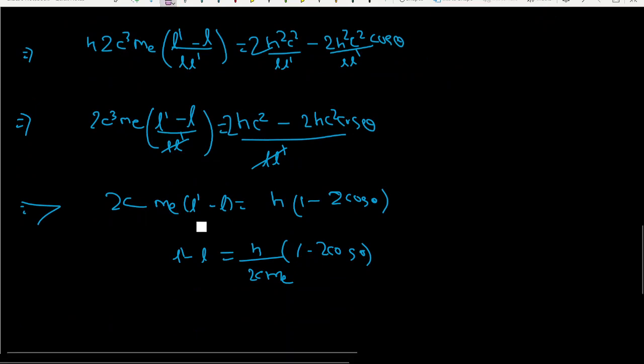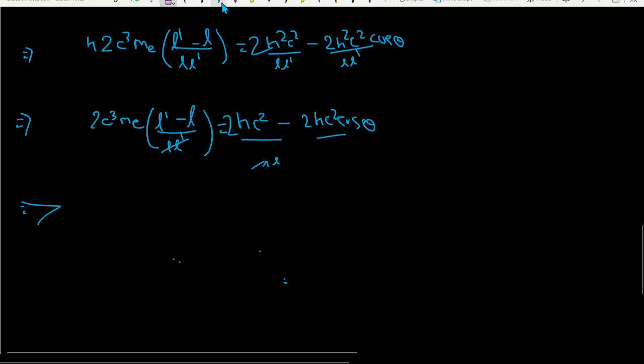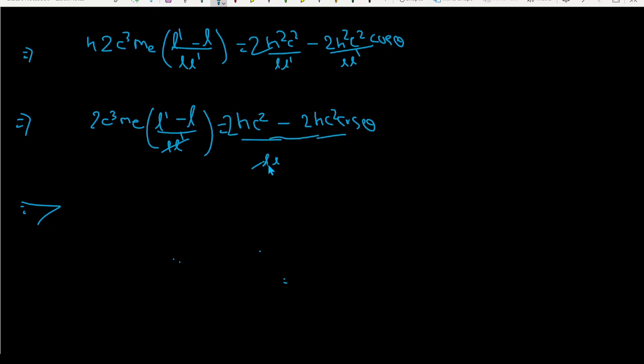So now what our equation can be written as, this is divided by lambda. So this lambda and this lambda get cut out.